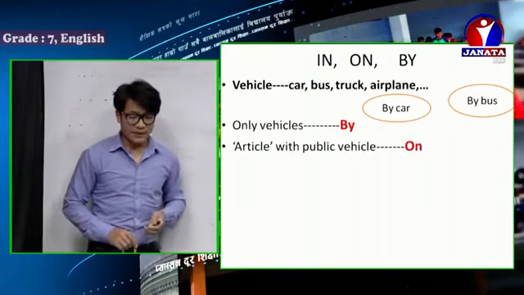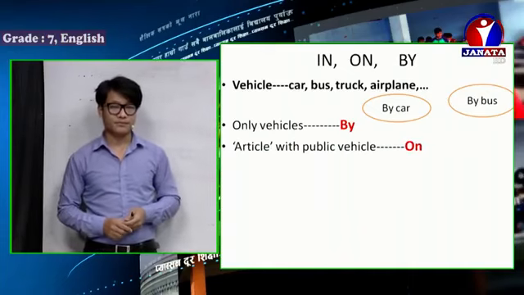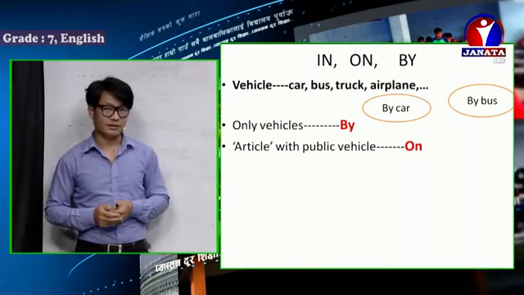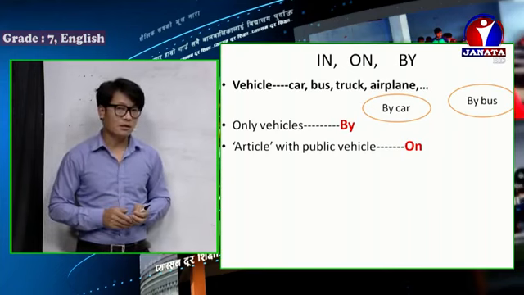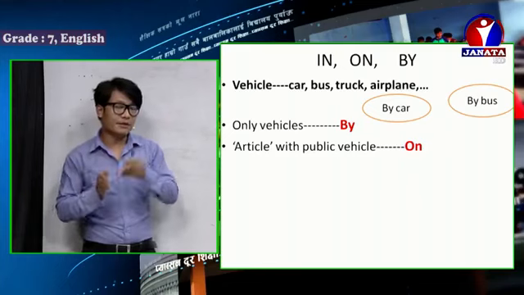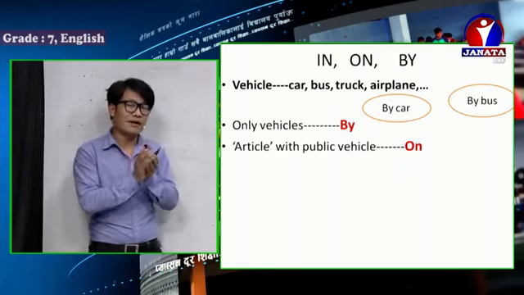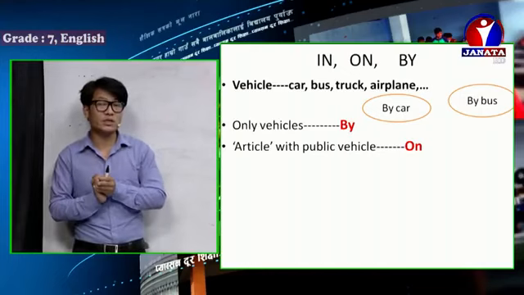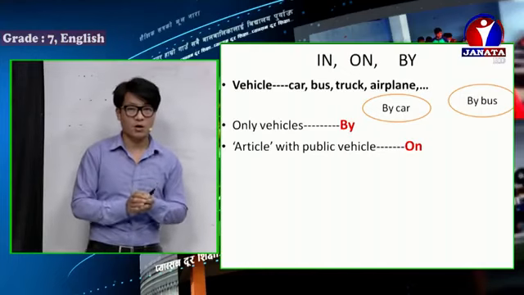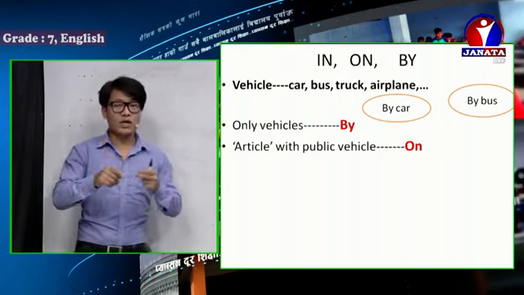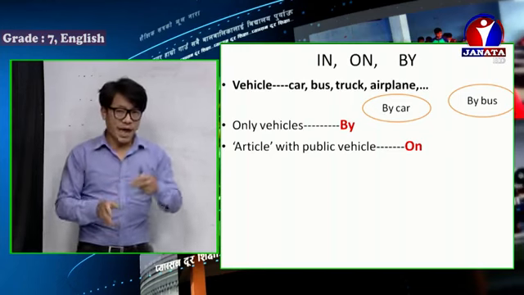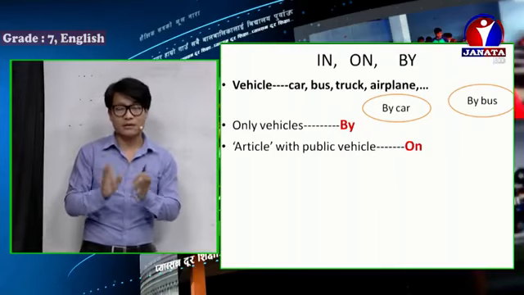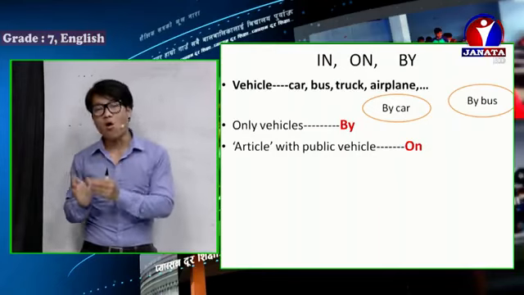Now what will it be if there is an article with a public vehicle? If there is an article with a vehicle and that vehicle is public, then which preposition is used? Obviously we should use the preposition on. With a public vehicle, we use on. And before the vehicle, if there is an article like a or an, then we should use on.